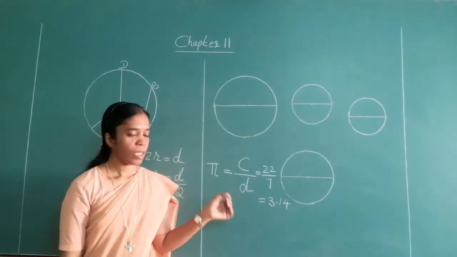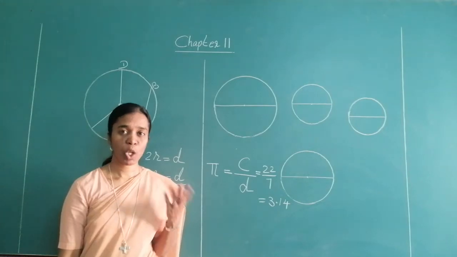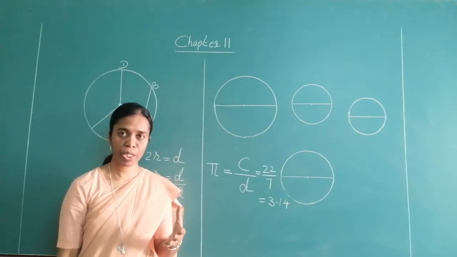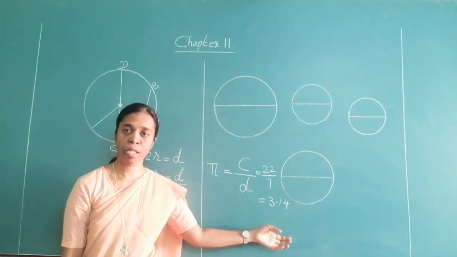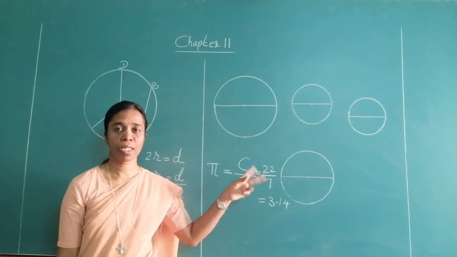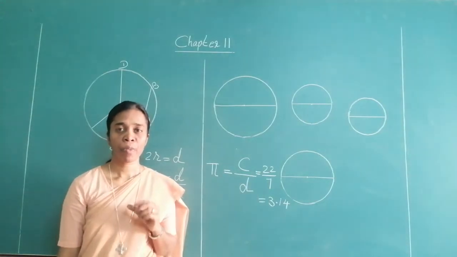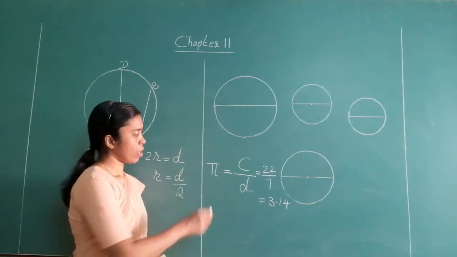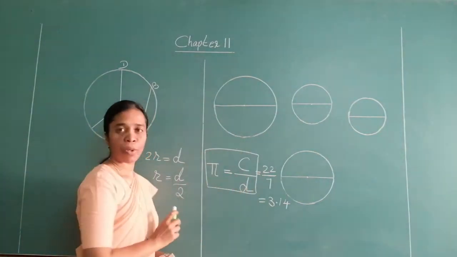Now, with this we have to solve some problems. When we are solving problems, suppose they have mentioned take the value of pi as 3.14, you take it as it is. If not, consider the value as 22 upon 7, which get cancelled, and it is easier to solve it.